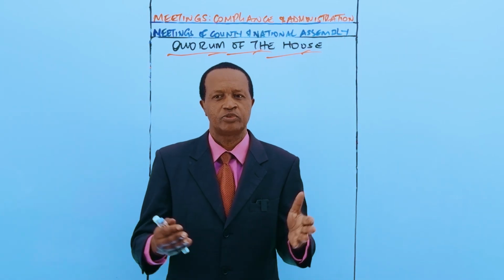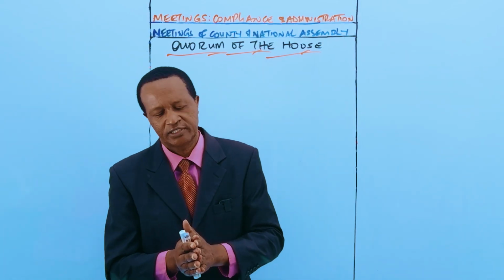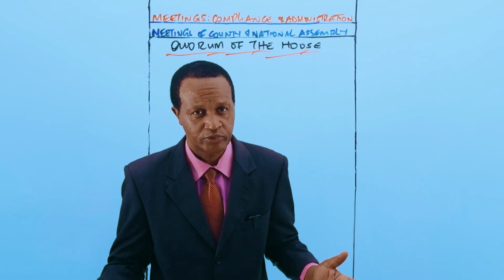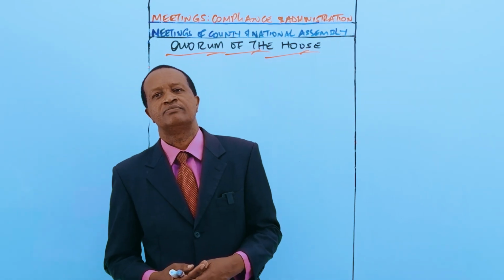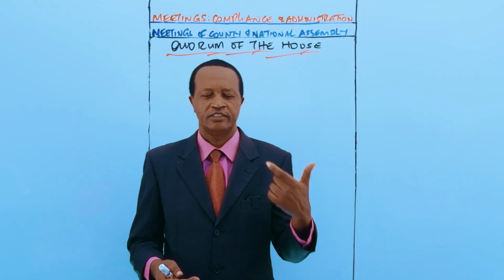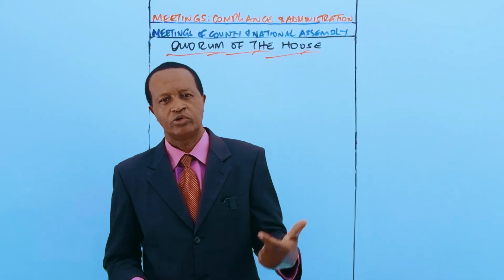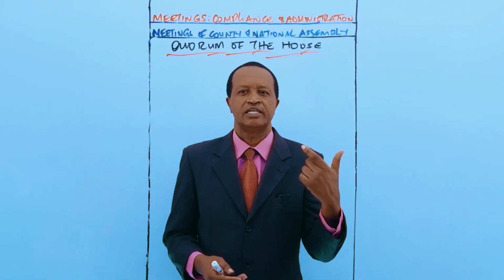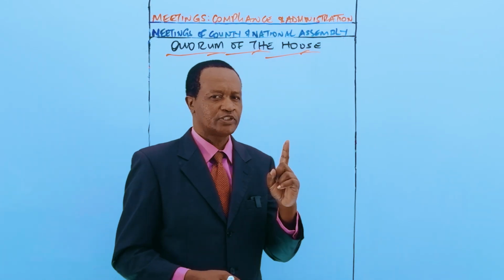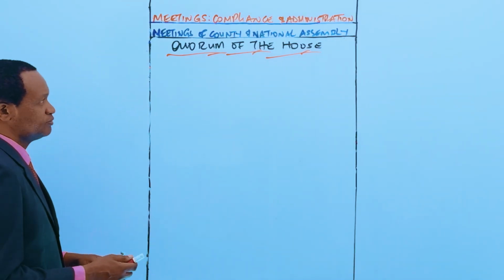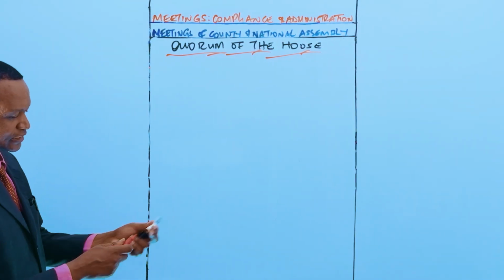So that is what we are going to study in our today's lesson, candidates. By the end of this lesson, you should be able to explain the quorum of the National Assembly and the quorum of the county assemblies. So let's first of all discuss the quorum of the National Assembly.